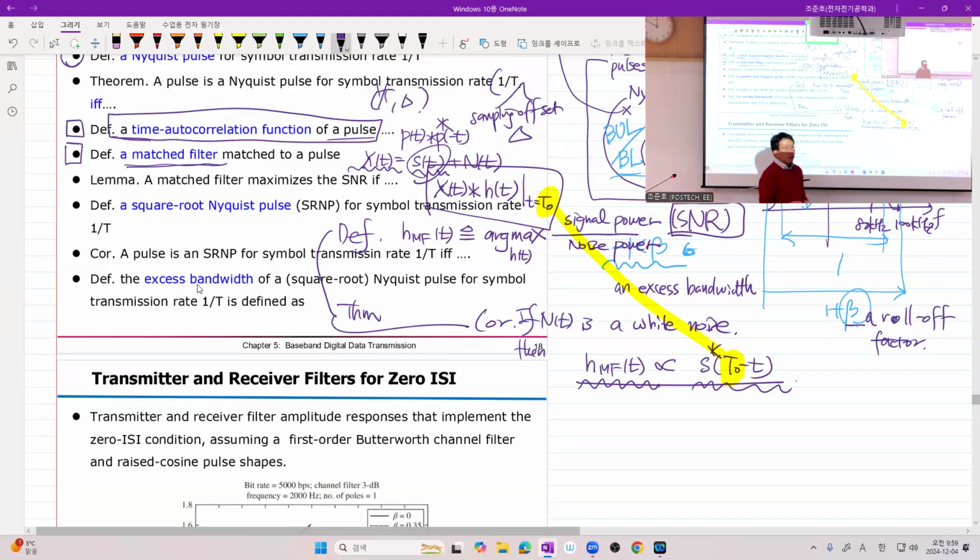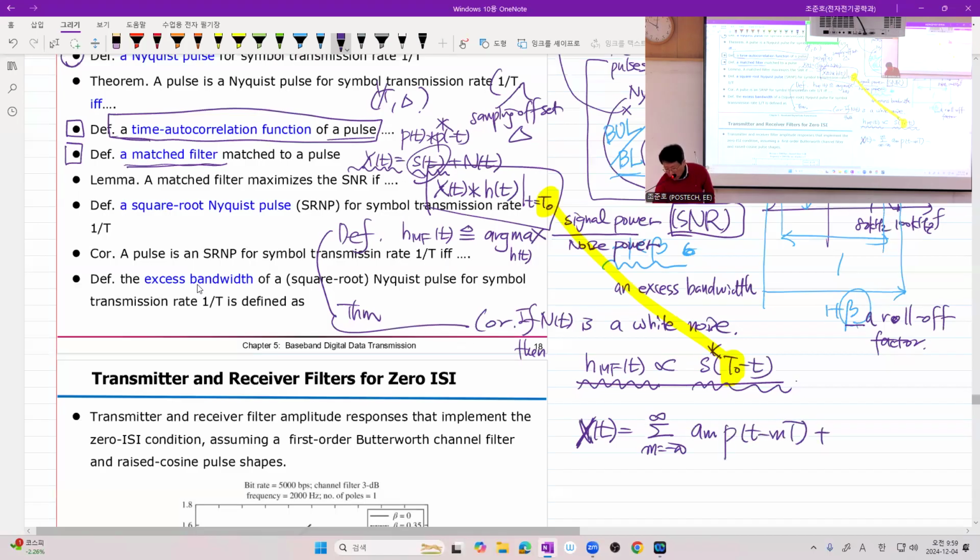It's because one of the simplest received signals with now our QAM symbols is an additive white noise.